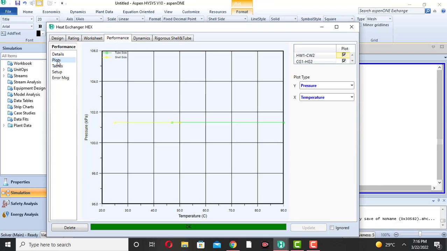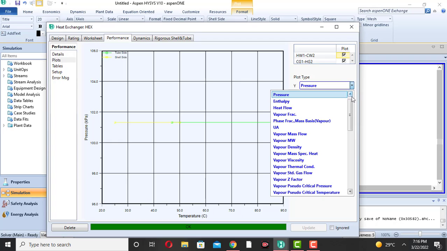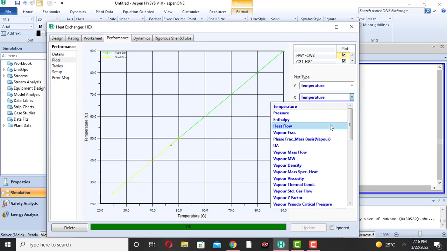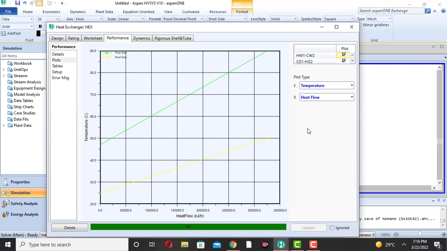We can plot various tables like pressure versus temperature. This is the tube and the shell; the yellow one is the shell side. Temperature versus heat flow: the green is the tube side, and this is the shell side.